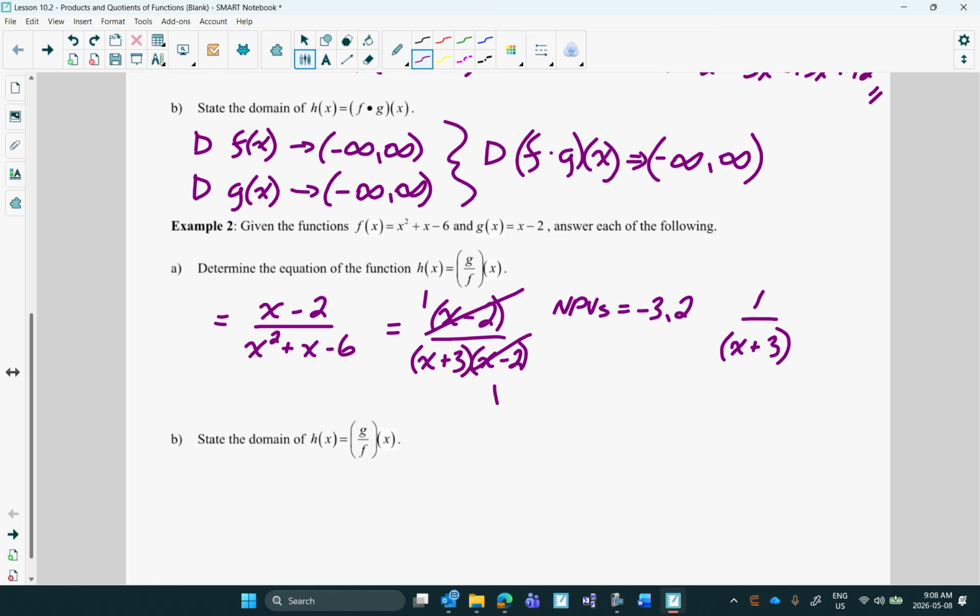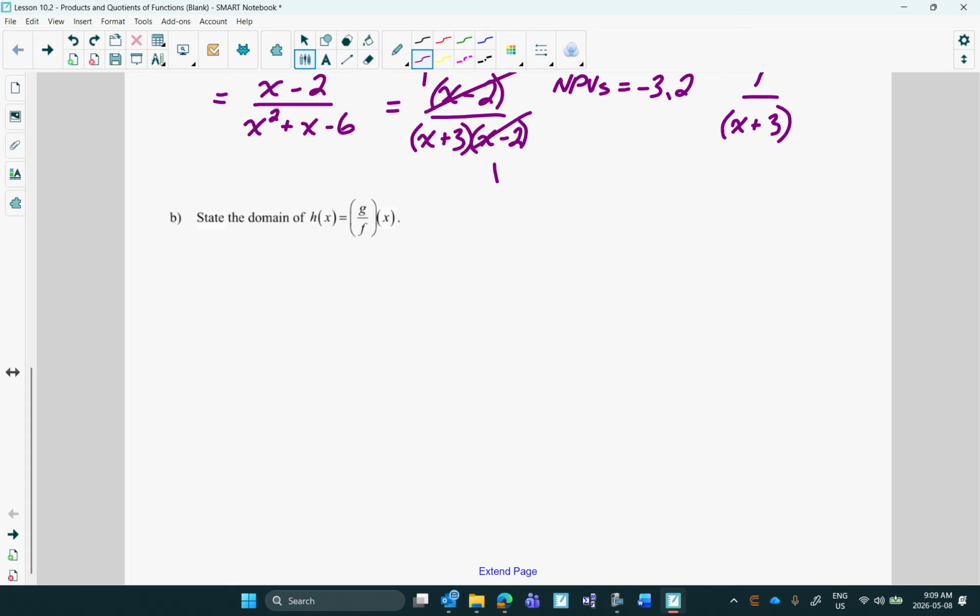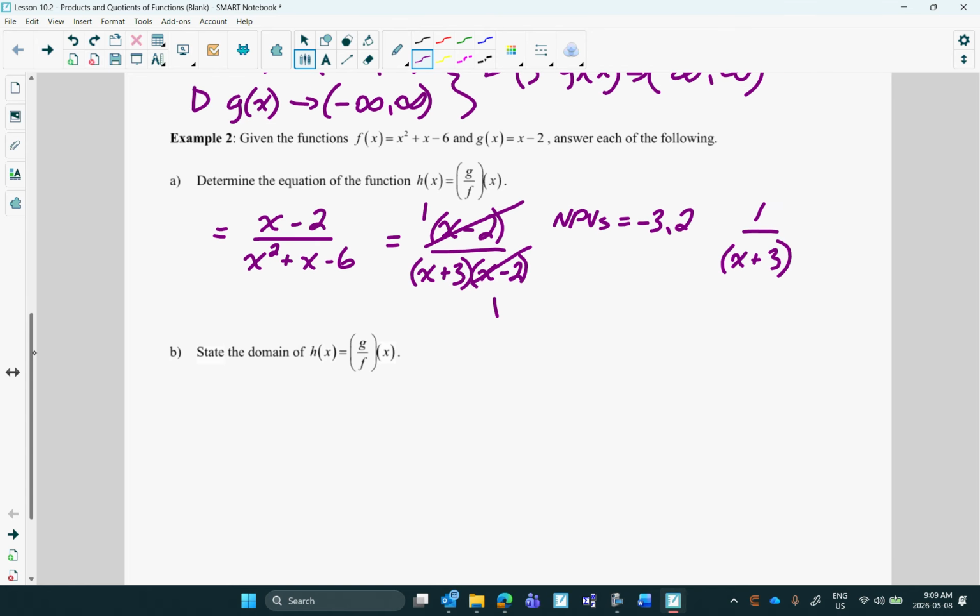What's the domain of this new function? Well, before we canceled, this was the function, right? But we said x can't be negative 3 and x can't be 2.